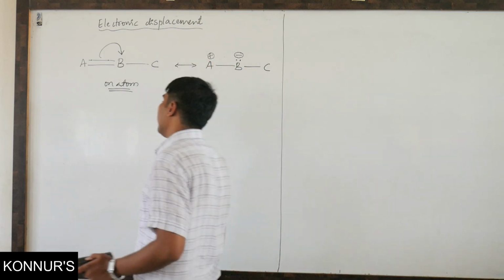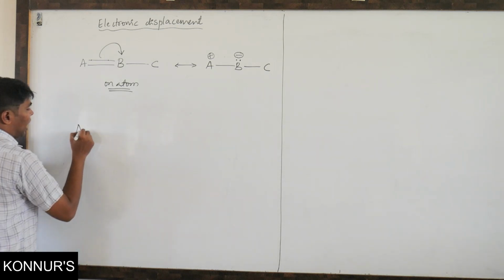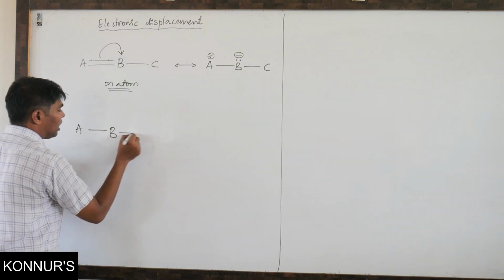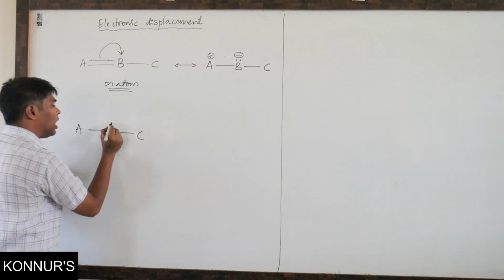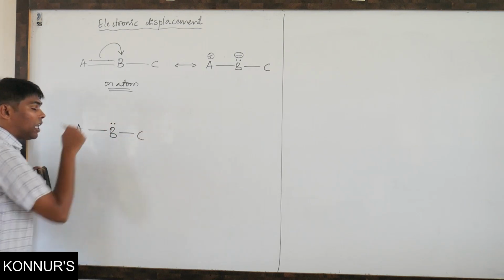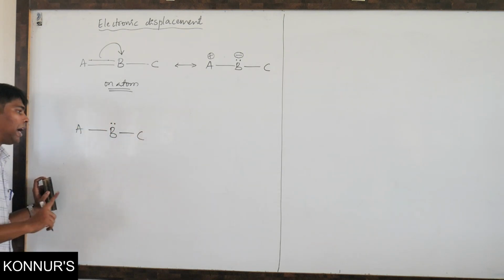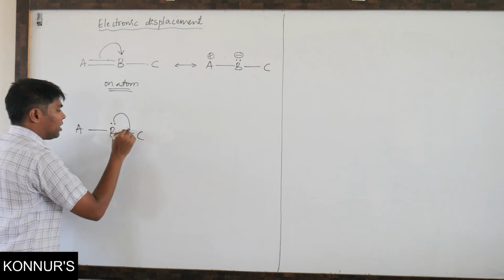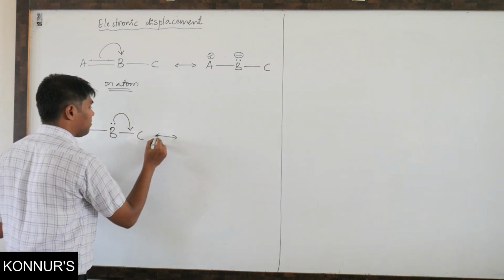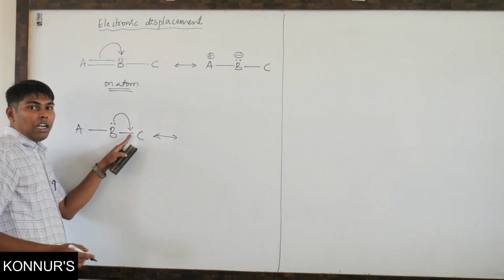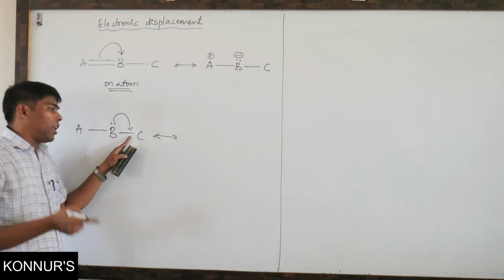Here one more electronic displacement is also there, from A to B. In some cases, let us suppose a lone pair is already there on some atom. It will go like this, so the lone pair is converted into a pi bonded pair of electrons.